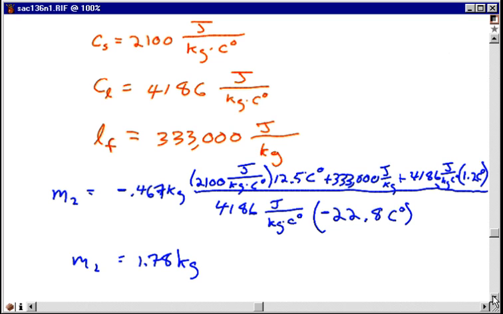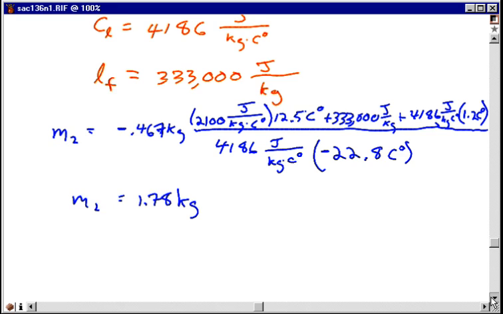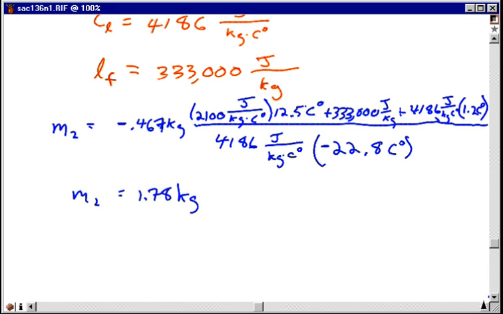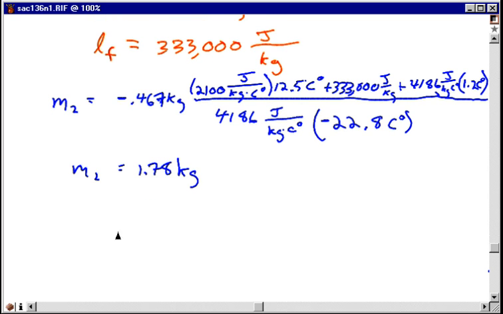And the total mass, M, I'll call it, being the mass of the ice that we started with, plus the mass of the water in the bucket we started with, which will be the 0.467 kilograms, plus what we just found.